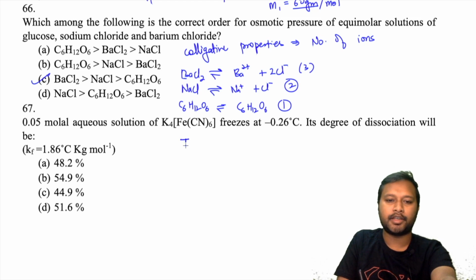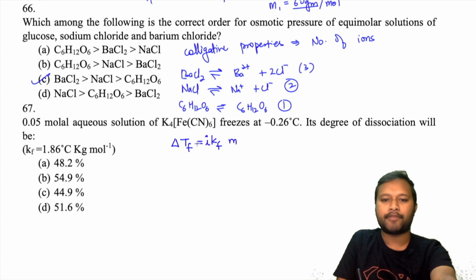It says that delta Tf is equal to i Kf m, right? That's what I have. m is molality, and since we also have to include the van 't Hoff factor over here, this is the formula, delta Tf.